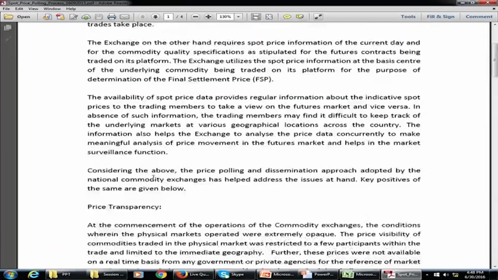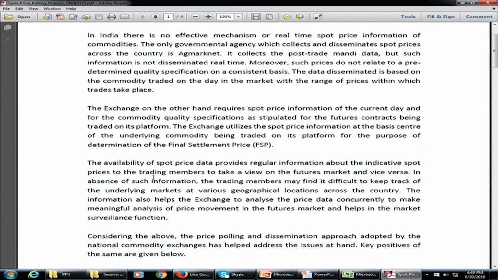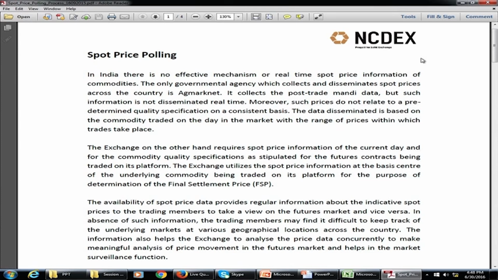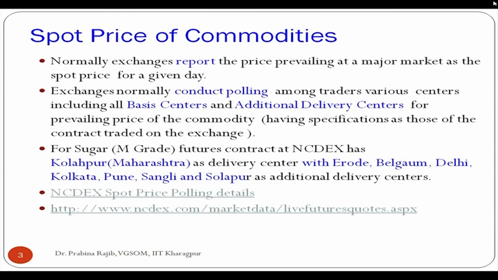The calculation of polled spot price is very clearly mentioned. And this is a very important requirement, because unless traders know the prevailing spot price, they will not be able to price the derivative contracts.